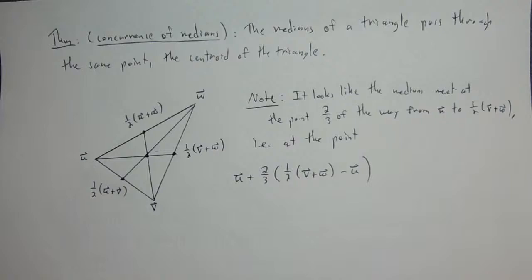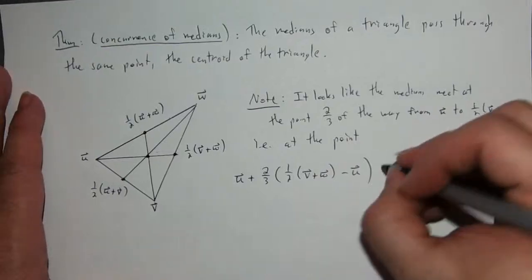So I'm just adding 2/3 of that line segment from U to 1/2 V plus W, right? So then going through this arithmetic, what do I get here?